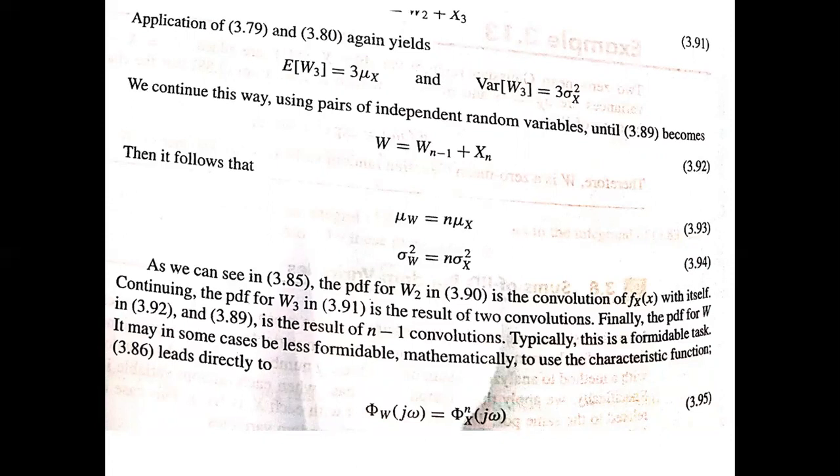Generalizing it for n different observations of the random variable x, the characteristic function for the sum of all of them together will just correspond to phi x to the power n of j omega for phi w of j omega, where w is the sum of all the n instances or observations of x.